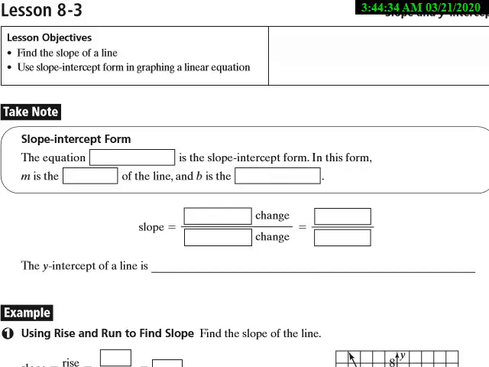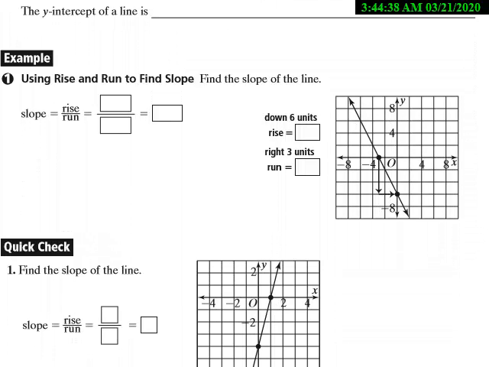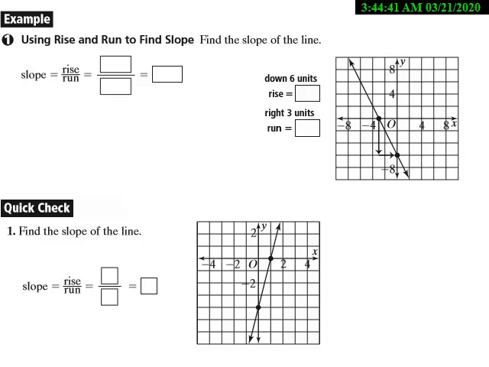We need to move to the next example of the workbook, example number 1, which states: using the rise and run to find the slope. Find the slope of the line. We need to look at the graph on the right hand side and fill up this space.